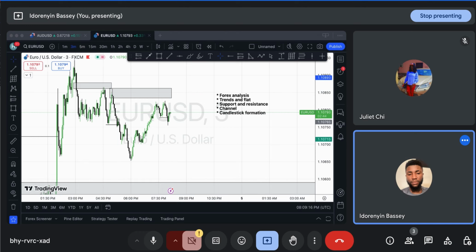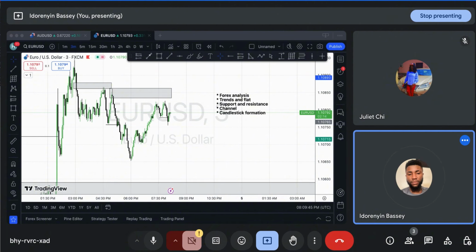Fundamental analysis involves examining economic, political and also social factors that can affect a currency's value.